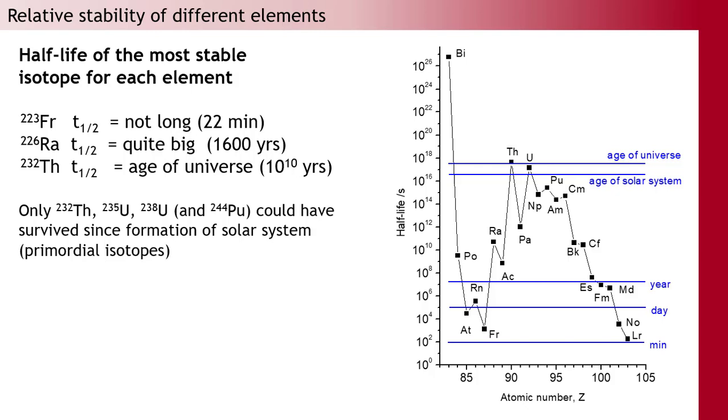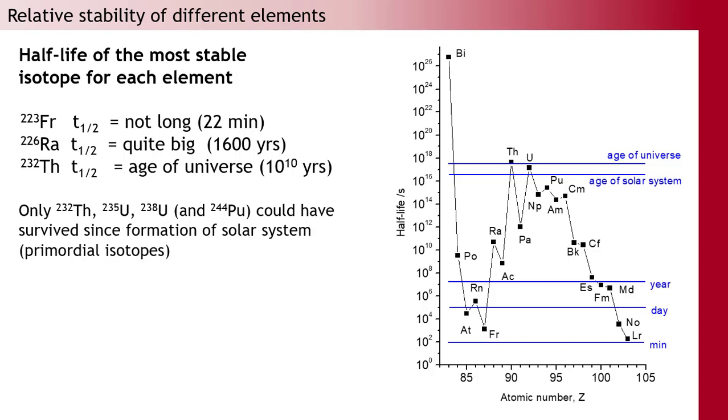By contrast, atoms of elements from polonium to actinium that were present at the beginning of the formation of the Earth have long since decayed. These are not primordial elements. Their presence on Earth, in small quantities, is due to more recent decays of elements like thorium and uranium.